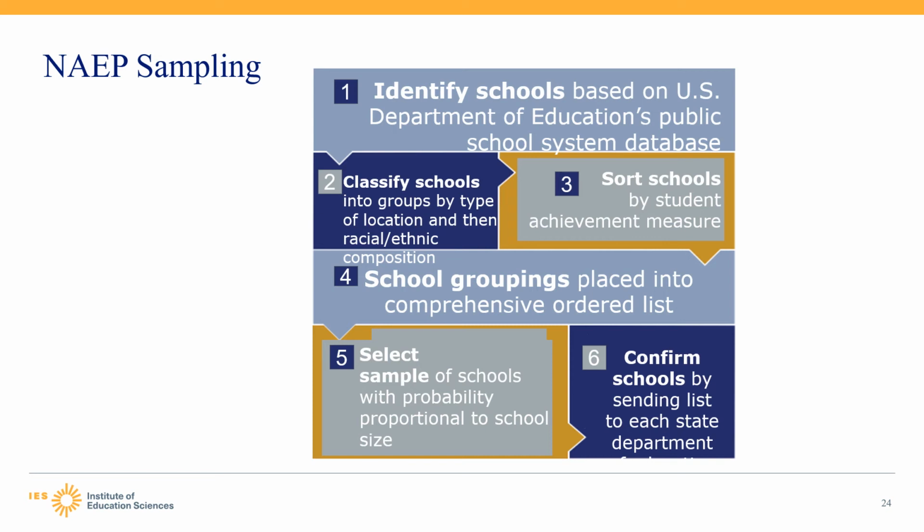In each stratum, schools are ordered, then sampled with probability proportional to the school size. The final list is sent to the State Department of Education. They are tasked to confirm that the information is accurate and up to date.